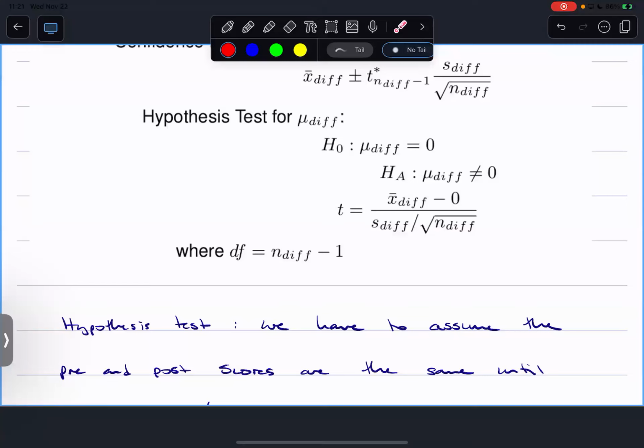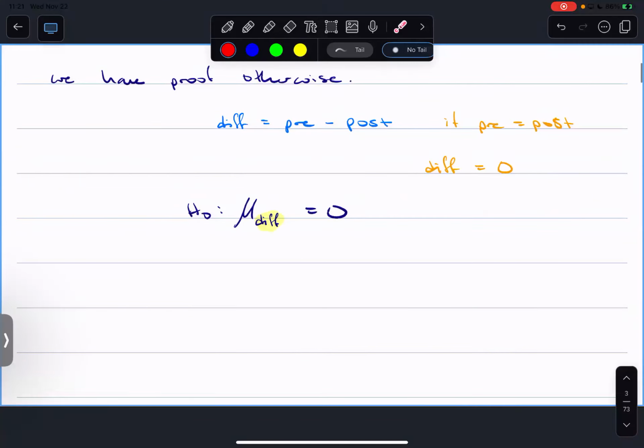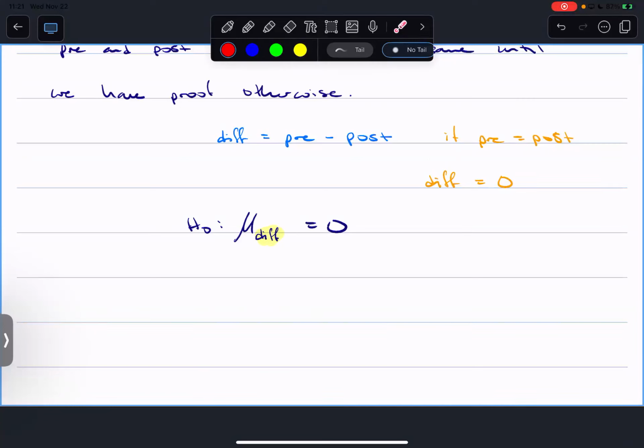The tricky part about a 1-sided test is that you want to think about what the difference would be if it's negative or positive, depending on what you want to show, right? If you want to show that the post scores are consistently higher than the pre scores, so an improvement, then the difference overall would be less than 0, because you're subtracting a larger number from a smaller number. So that's the tricky part.